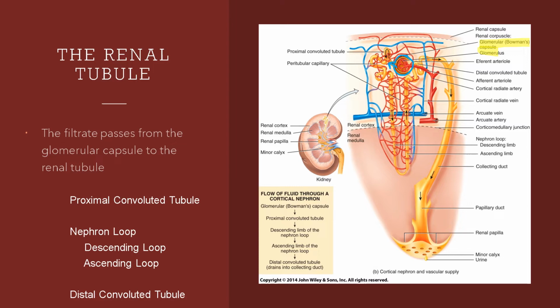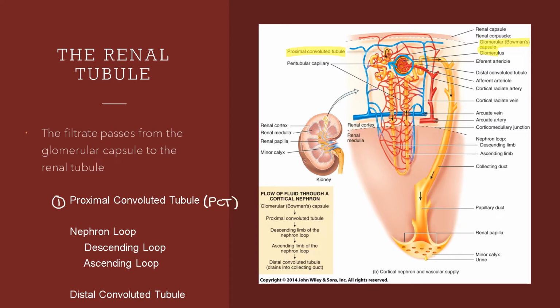Now, in the order that fluid passes through them, the renal tubule consists of the proximal convoluted tubule. So this is labeled right here. It's going to be that first section that the filtered fluid passes into. So I'll have that right here, number 1. This is also sometimes abbreviated PCT.